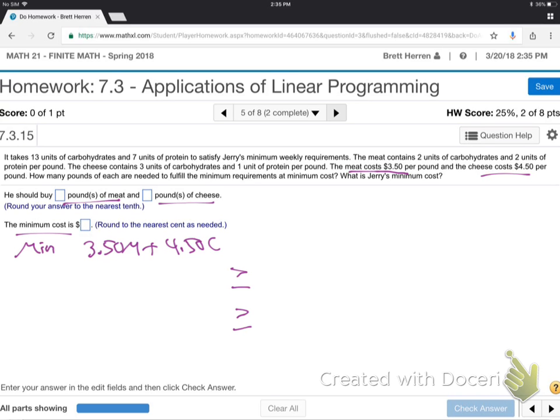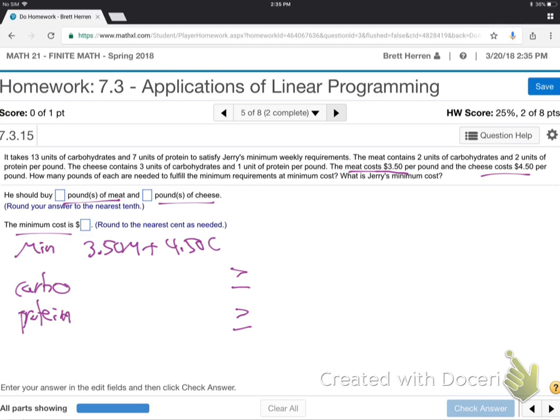Another minute. You just got to put together what they're saying. They're talking about carbohydrates and they're talking about protein. So I would have a carbo and a protein line. Wouldn't it be meat and cheese?